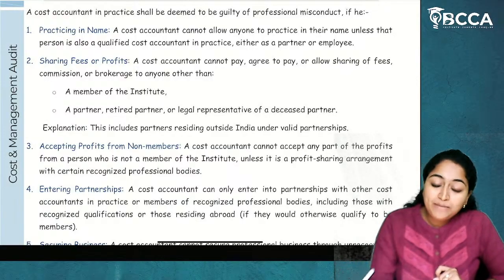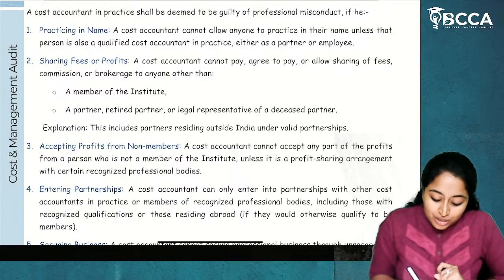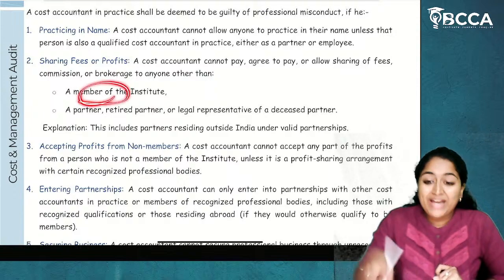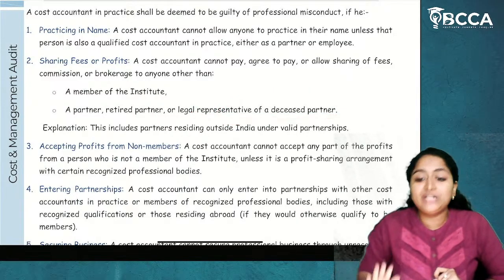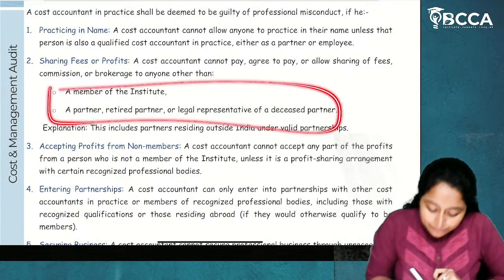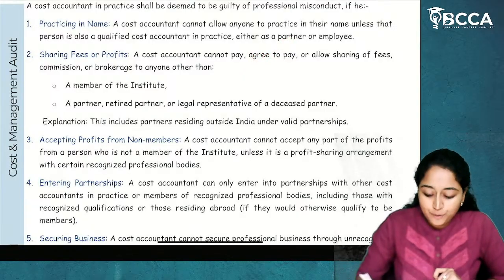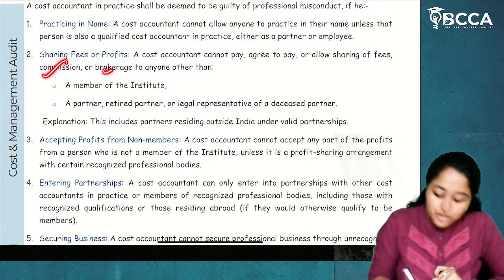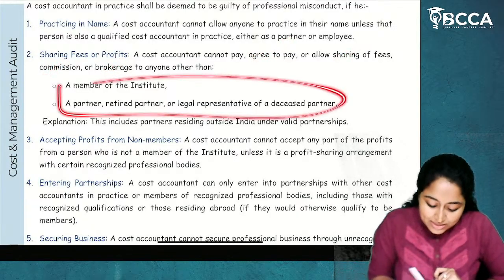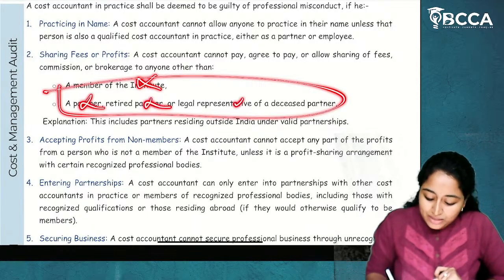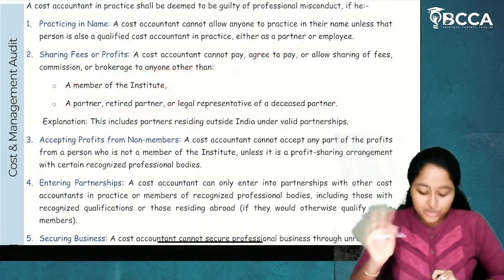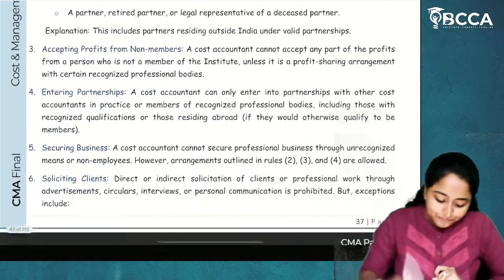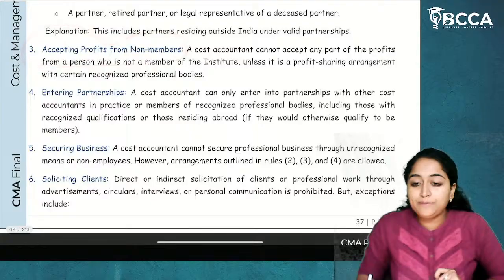To whom can it be done? We have exemptions. You can do it for any other member of the institute, your partner, a retired partner or a legal representative of a deceased partner. For these, you can pay, agree to pay, or allow sharing of fees, commission or brokerage. But if they are not these, you can't share the fees or profits. Accepting profits from non-members.